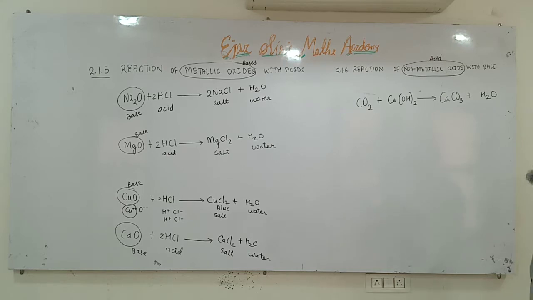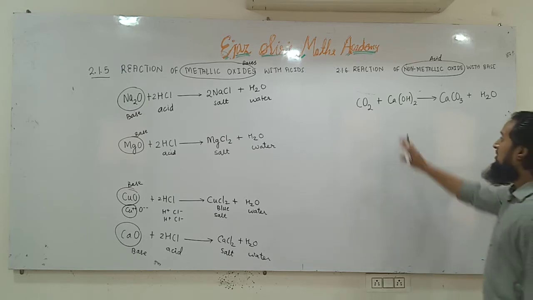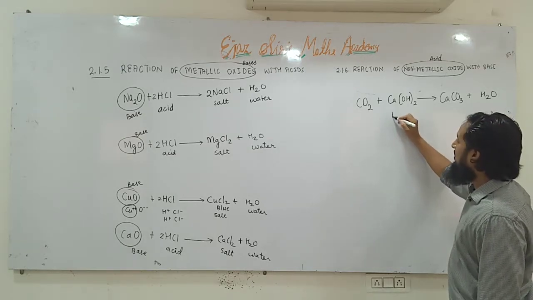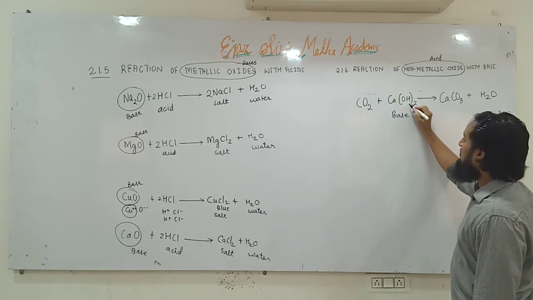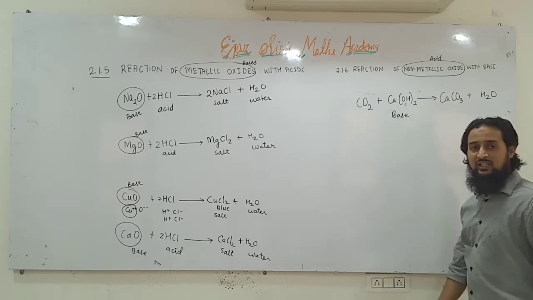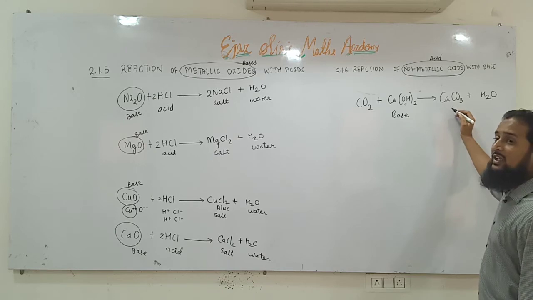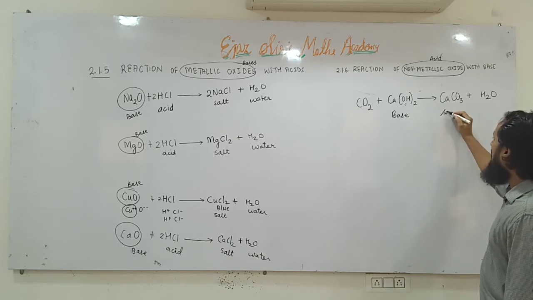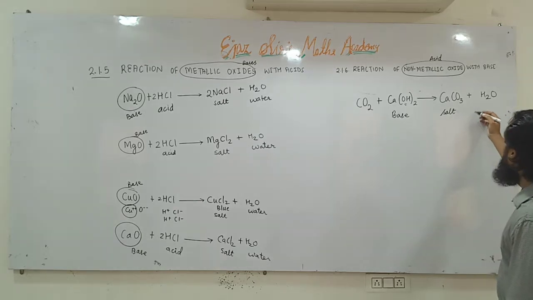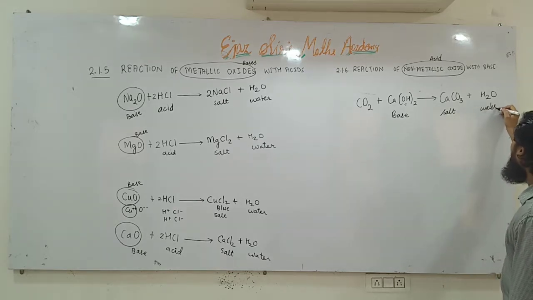Carbon dioxide, what happens when carbon dioxide is passed over freshly prepared lime water? So this is calcium hydroxide, a base. Since it has OH, it is a base. There can be no doubt about it. Calcium carbonate, ate means it is a salt, and this is water.